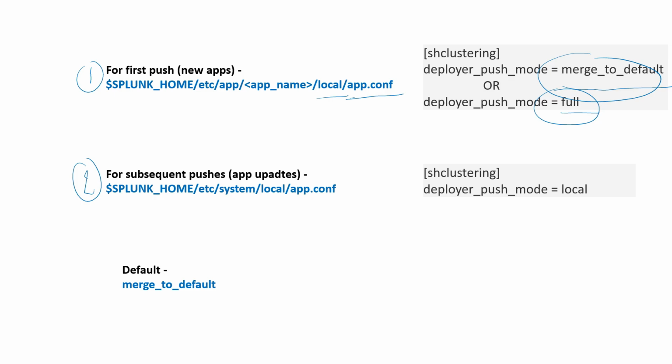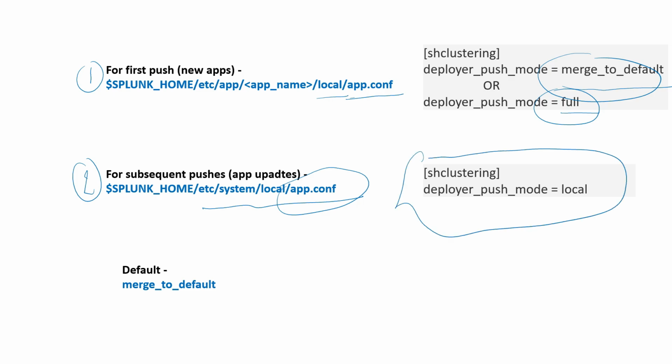However, for the subsequent pushes, or if you are updating the app or add-on and you just need to push those changes to your search head cluster members, you can use the global config, and that you can define inside system local. So here you can define app.conf, and here you can define your global deployer push mode, which is local only.